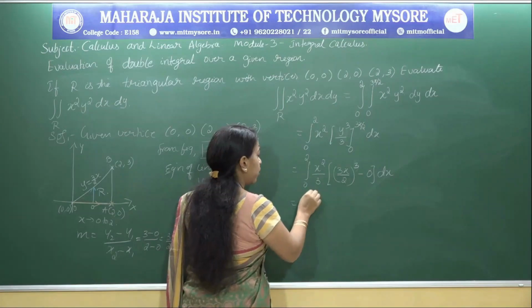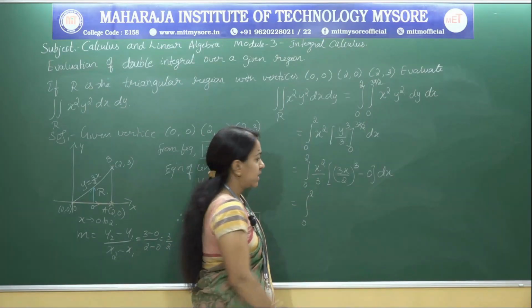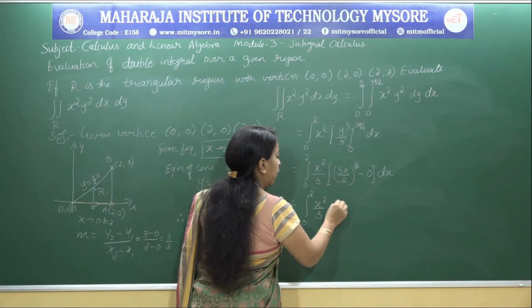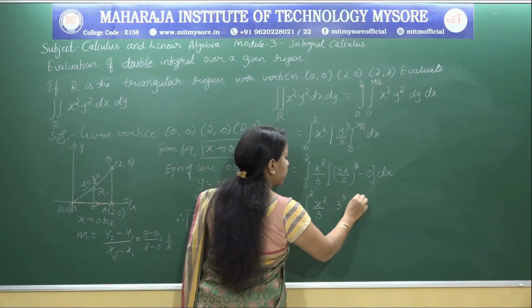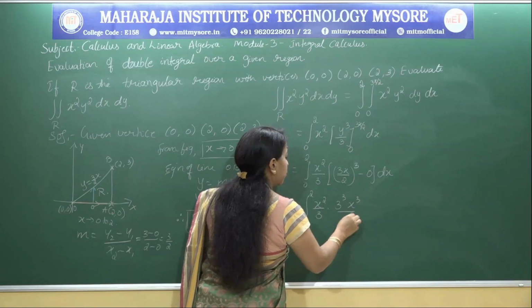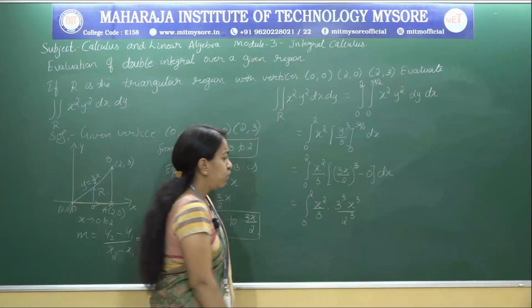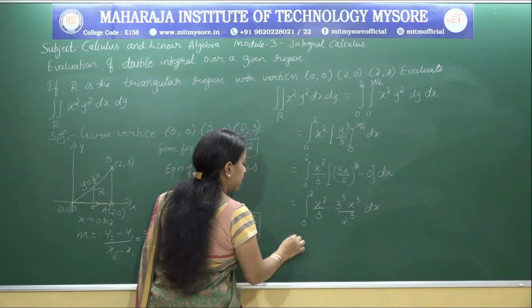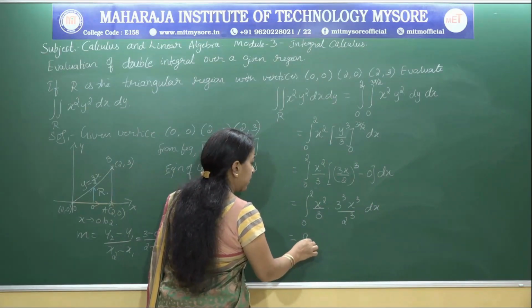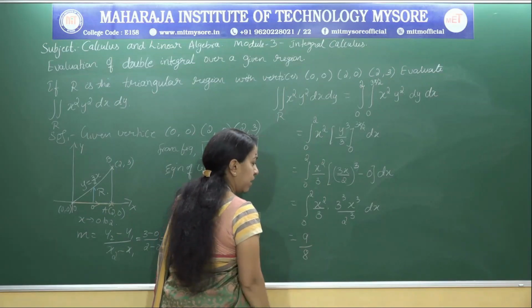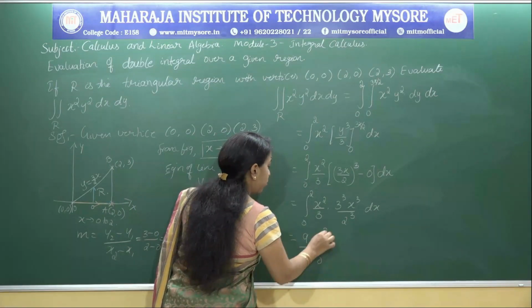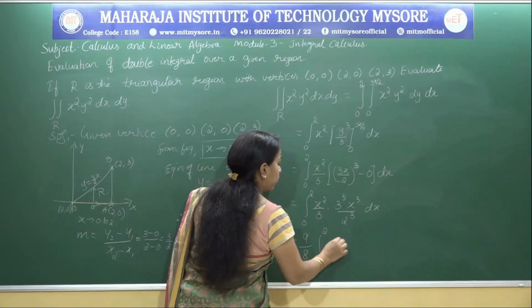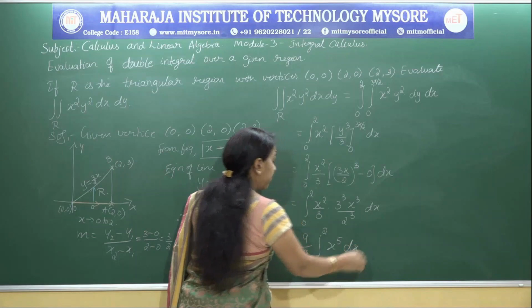So x square by 3 is constant; the upper limit is (3x by 2) whole cube, minus the lower limit 0, and dx remains as it is. Now simplify before integrating with respect to x: x square by 3 into 3 cube x cube by 2 cube, minus 0. Taking out the constant values, the 3 cancels once, leaving 9 by 2 cube, which is 8, integral 0 to 2 of x cube into x square, which is x to the power of 5, dx.